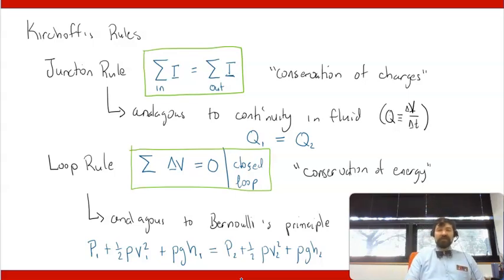Okay, but again, the two main points here for Kirchhoff's rules are that the sum of current going into a junction is equal to the sum of current coming out of a junction, and that the sum of voltage drops around a closed loop must equal 0. So pictorially, that might look something like this. The junction rule is applicable anywhere your circuit either branches or rejoins.